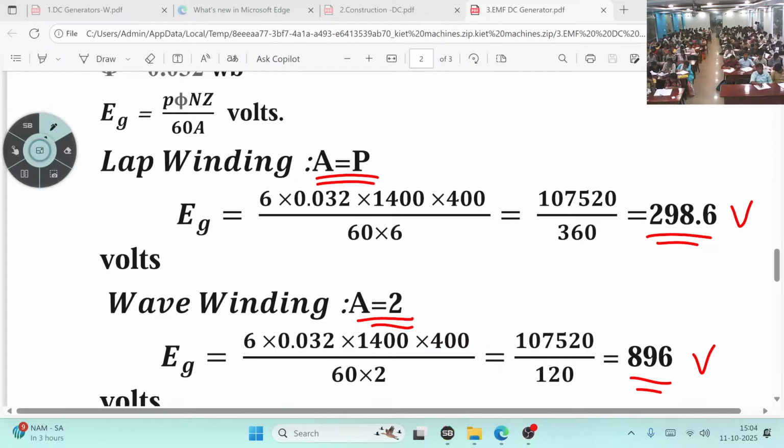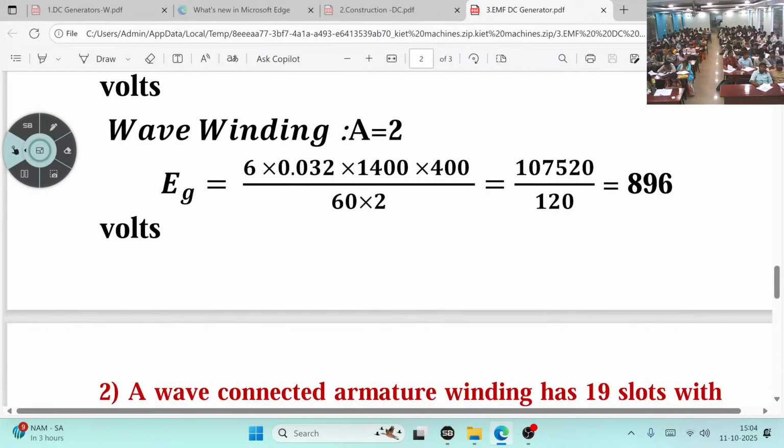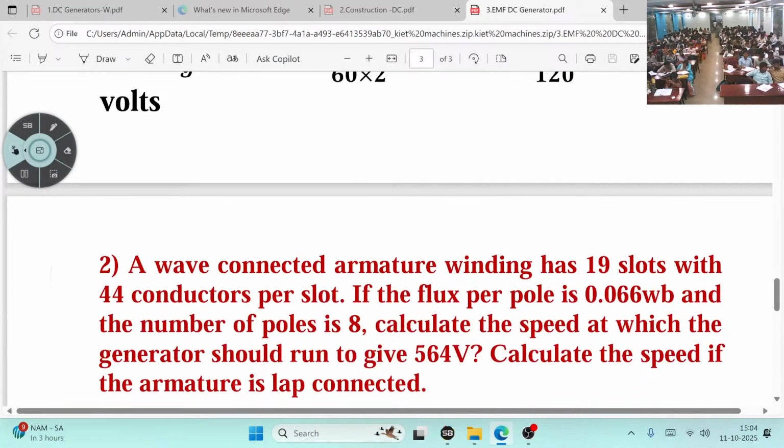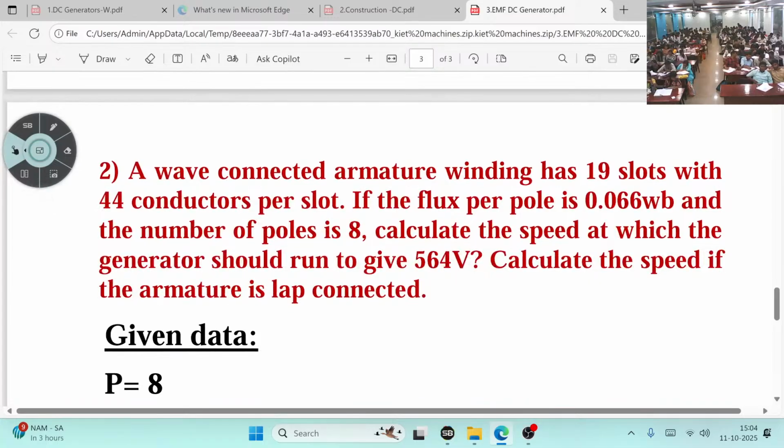Always for any problem, you have to write down the given data. Then you write down the formula. Then you substitute in the formula. You will get the answer. Okay? Write down the second one.